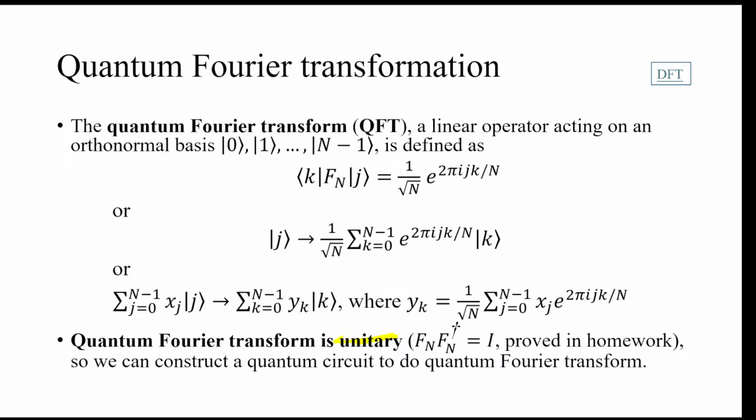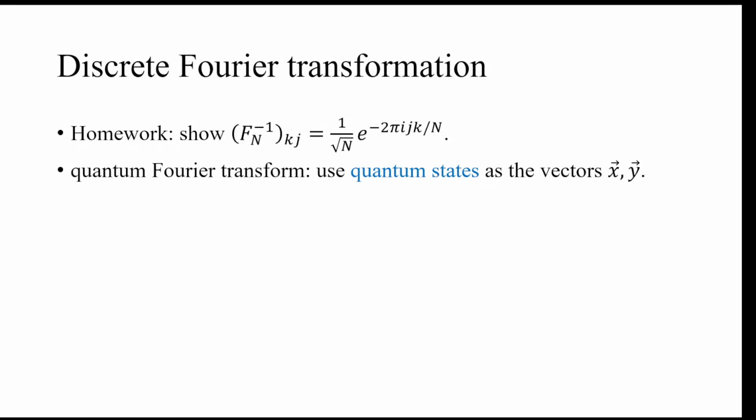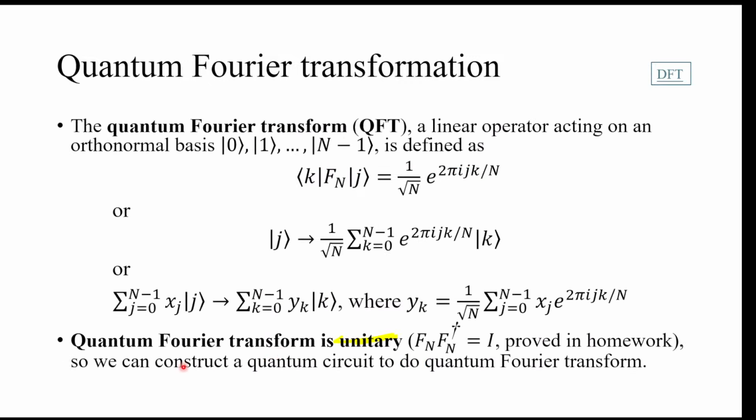Once again, this is something you can check in your homework, but it's basically the same question as the Fn inverse question, because it's easy to see that this is Fn dagger. Okay, so it's unitary. If you think about all the input and output as quantum states, then this Fourier transform matrix is just the matrix of a unitary operation you can apply on a quantum computer.